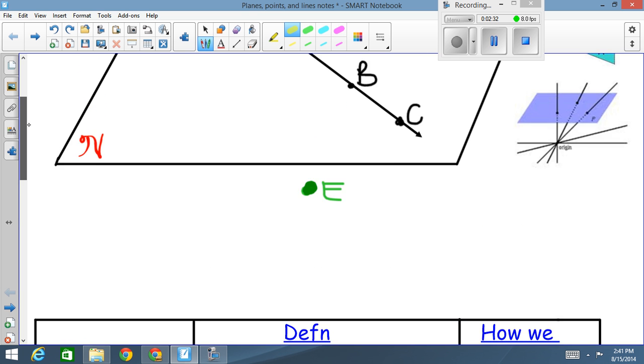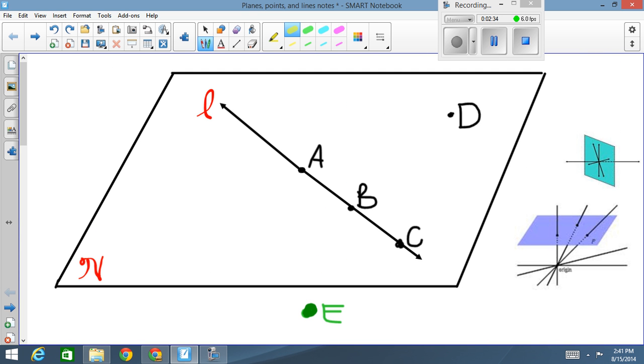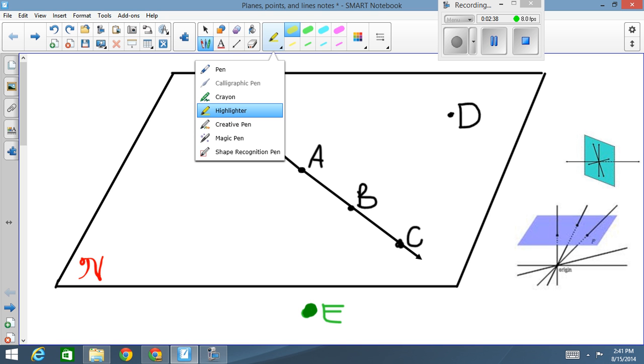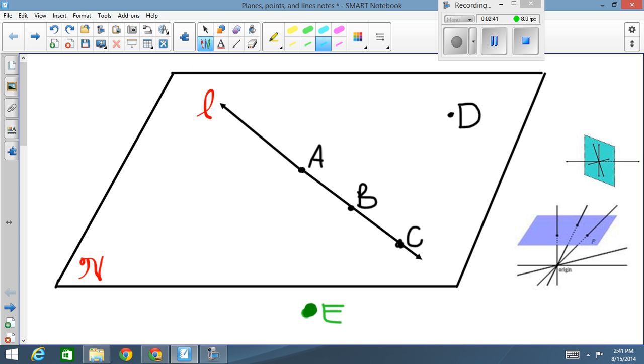So when we go back up to the top here and we look at our picture, the one that sticks out right off the bat is the one right here. Notice I'm putting the arrows at the end because lines always have to have arrows at the end to show that they continue on and on forever in both directions.